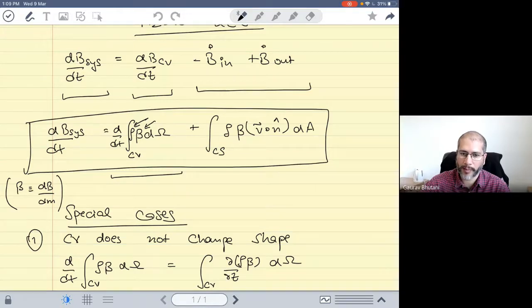Now, if your control volume was expanding, for example, changing shape, then you could not do this, because partial by partial t of d omega in that case will be there. You would have some contribution of the change in infinitesimal volume size as well. Is that clear?